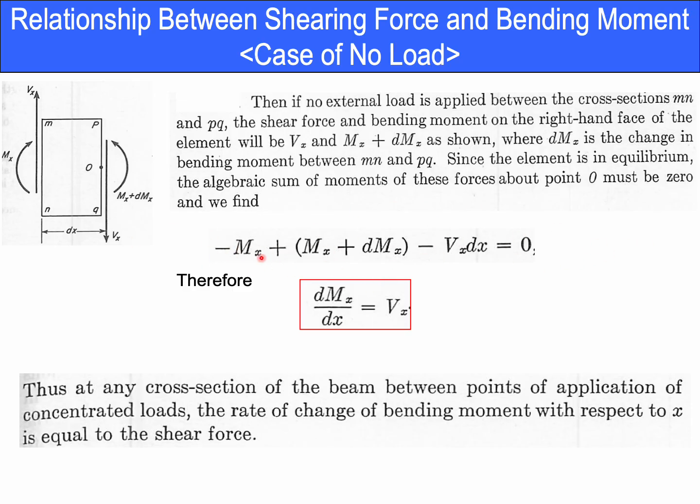By dividing, Mx is cancelled out and this remains. Therefore, dividing both sides by dx, you obtain this, and this is a sort of differential equation holding between the moment and the shear force, as you observed in the previous page in the actual expressions of the shear force and the bending moment.